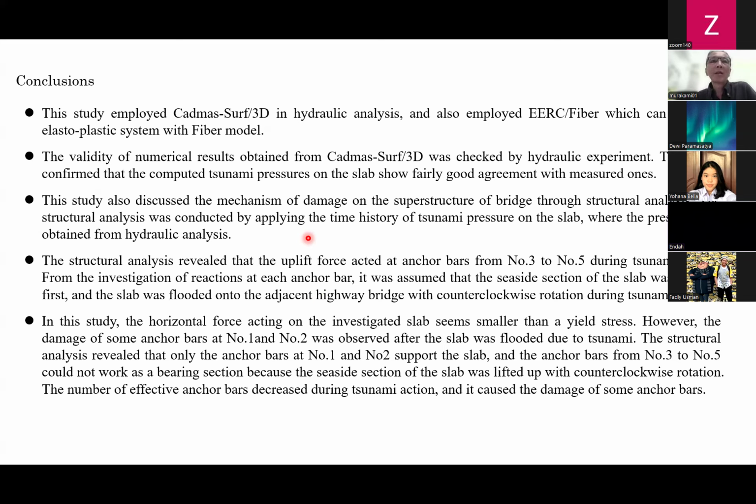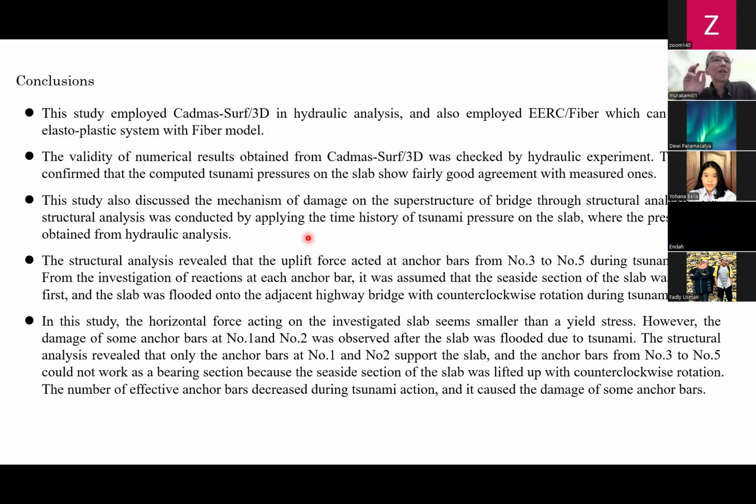And in addition to this, I want to emphasize the use of hybrid analysis. Today I showed you one example using CADMAS-SURF and using ERC fiber.